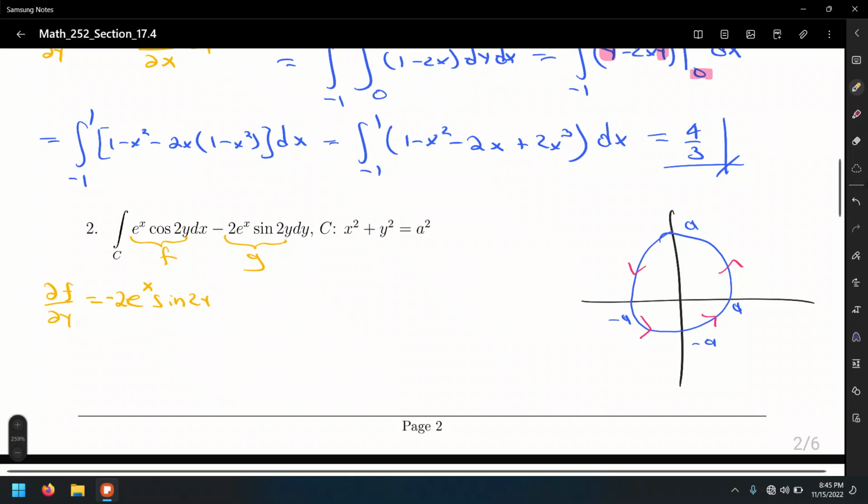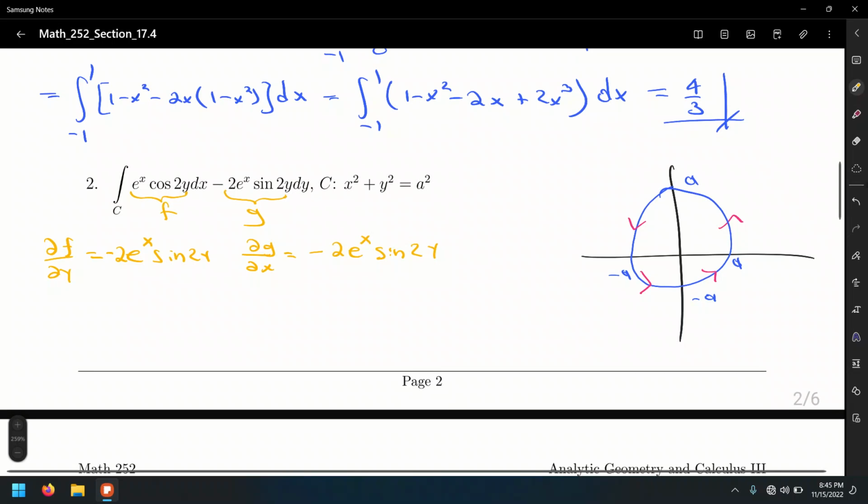And also the partial derivative of g with respect to x, careful, because the derivative of e to the x is just itself, times negative 2 sine 2y. Well, that remains the same essentially, negative 2e to the x sine 2y.